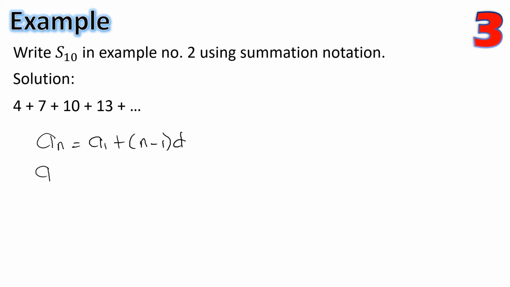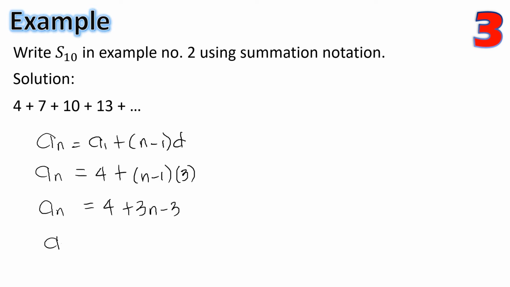And a sub 1 is equal to 4, so we have 4 plus n minus 1. The common difference is 3. So we have a sub n, simplifying the equation, equals 4 plus 3n minus 3. Then the general term or the nth term of the arithmetic series is equal to 3n plus 1.